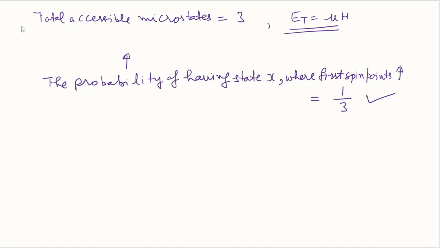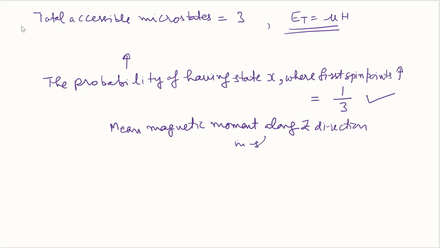Now the next point is, what is the mean magnetic moment along z direction in the state x? The mean magnetic moment along z direction in state x is going to be minus mu by 3, because it's 1/3 of the magnetic moment when all the 3 spins are pointing in the upper direction.